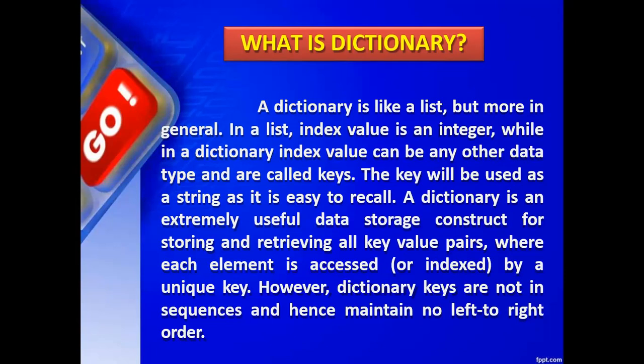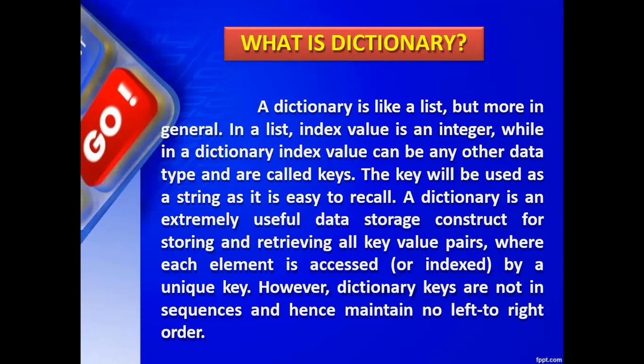This is in a way similar to a list, but in a list you must remember the index value of an element from the list. But in the case of dictionaries, you just have to remember the key to find the element in a dictionary. Dictionaries are mutable, unordered collections with elements in the form of key value pairs that associate the key to the values.